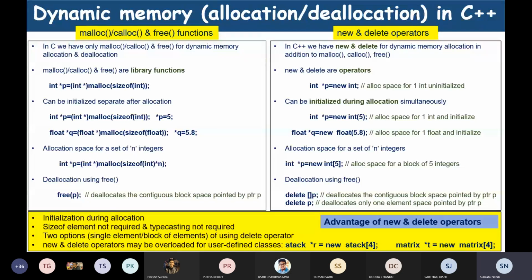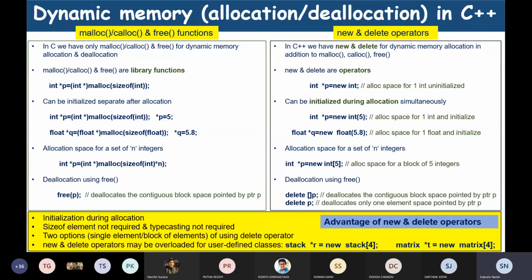In our last class, we were talking about the use of the new and delete operators, and this is the summary of what we discussed. We also talked about allocating two-dimensional arrays completely dynamically.